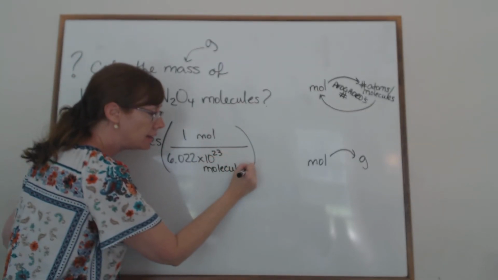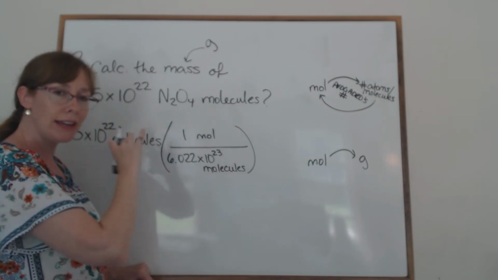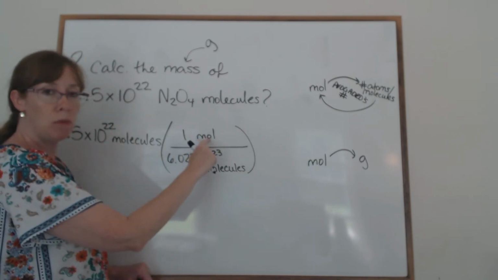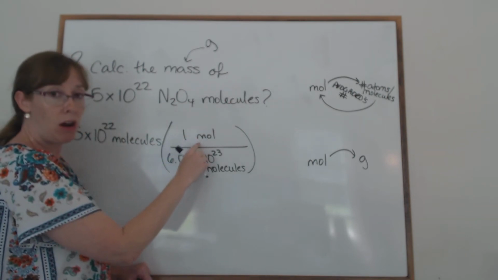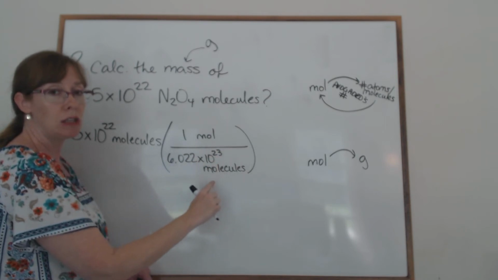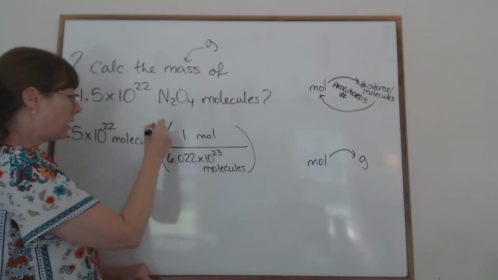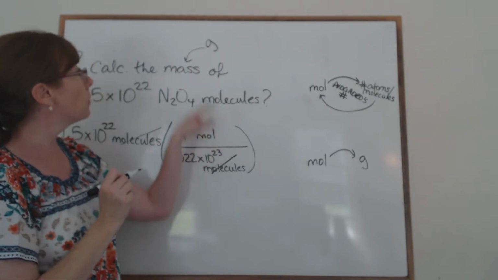And if that is not jumping out at you, literally write down that exact sentence. In every 1 mole, there are, that's what per means, 6.022 times 10 to the 23rd molecules. And molecules will cancel. And now I'm ready to go from moles to grams.